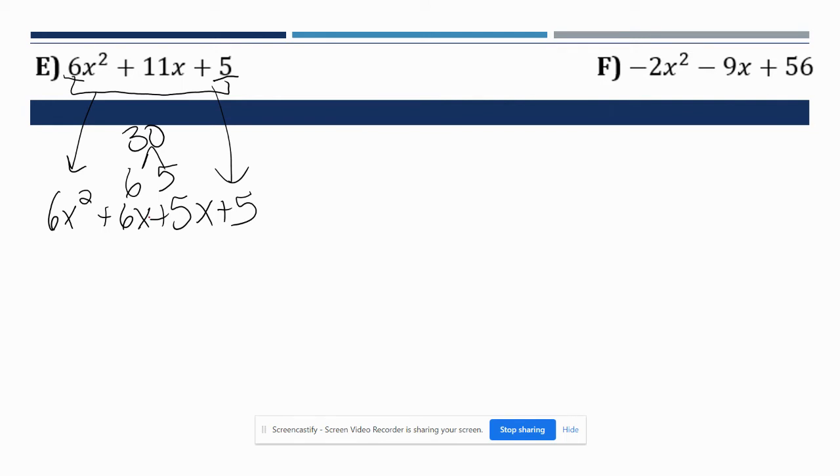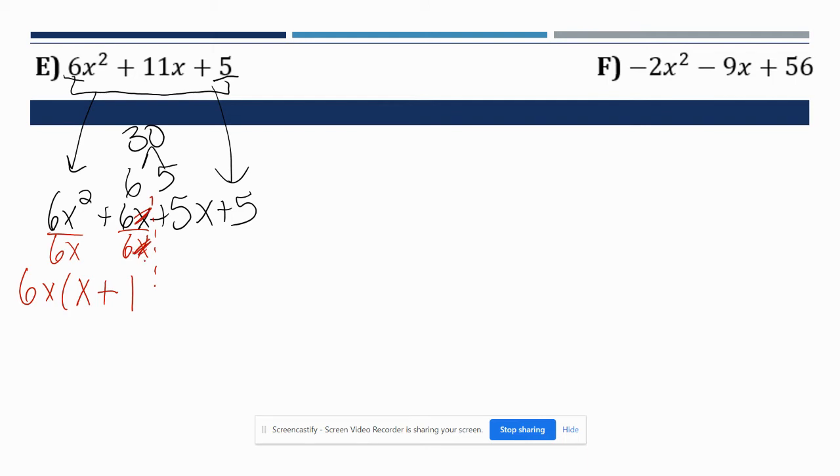We have 4 terms here. Splitting it in half for factoring by grouping. Our common factor on the left side is 6x. 6x squared divided by 6x is x, plus 6 divided by 6 is 1.